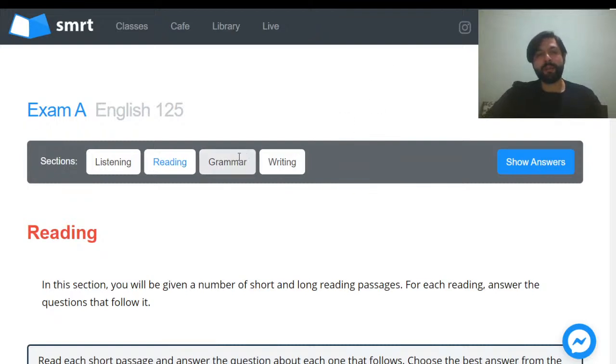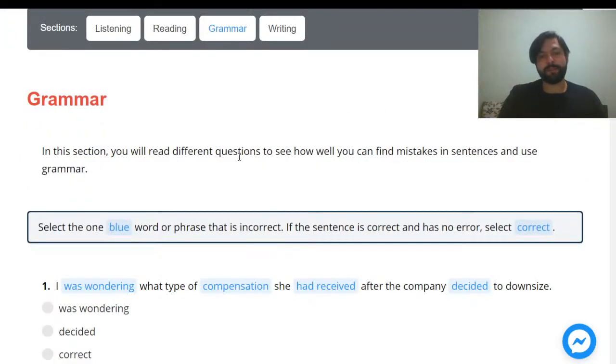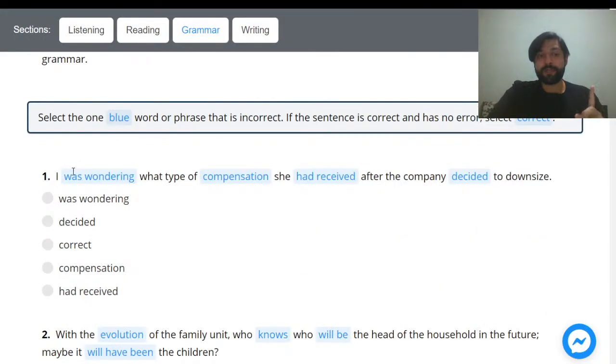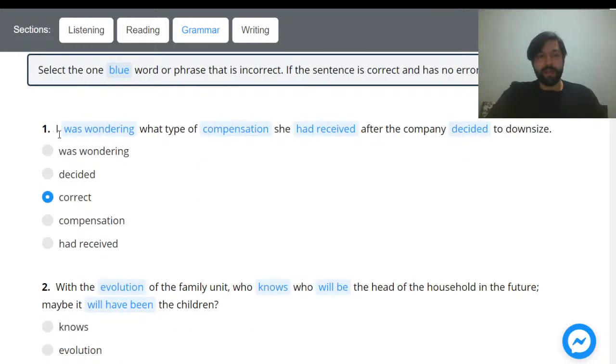The only one that you could prepare before is the grammar, and the grammar will not be so complicated. In the first exercise, you must choose which of the parts in blue are possibly wrong. If nothing is wrong, you have the option correct. Here we have: I was wondering what type of compensation she had received after the company decided to downsize.